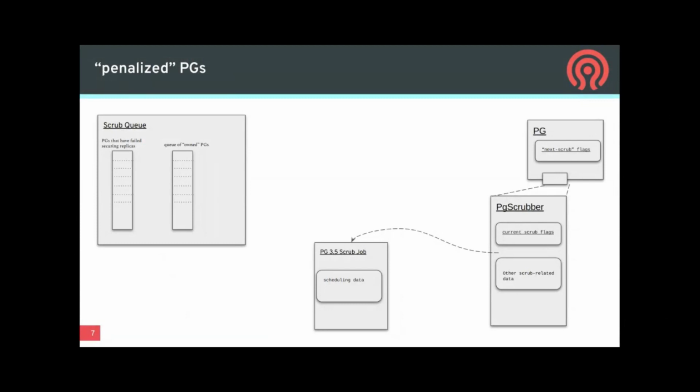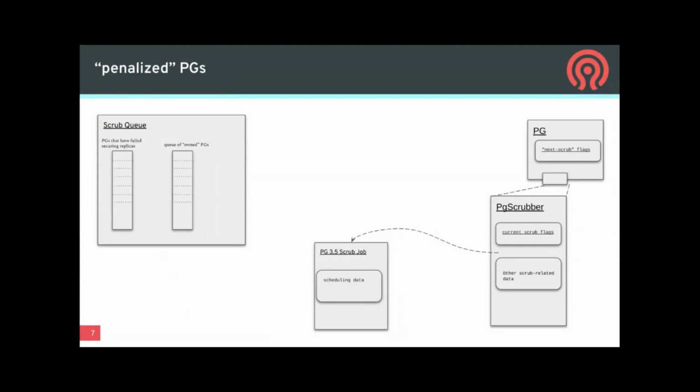And then, if you consider what happens, we have an OSD that is running scrub for some PG, and this scrub does not terminate, which means that the specific OSD now has one of its resources locked for a long period of time.